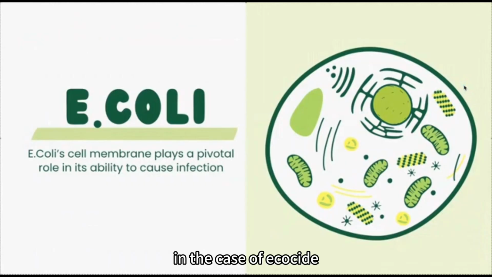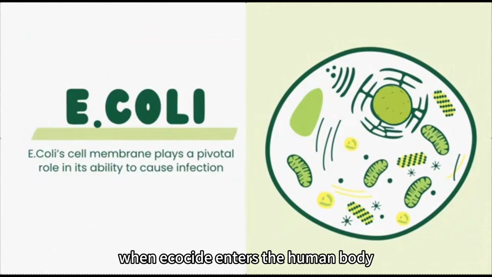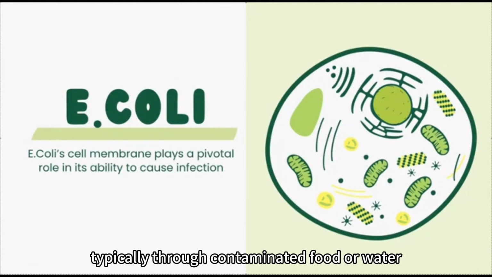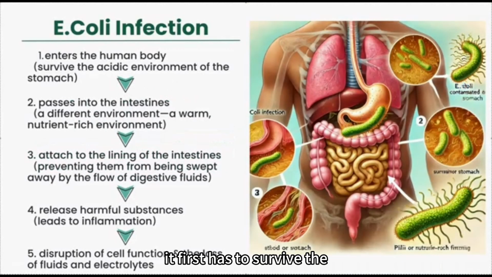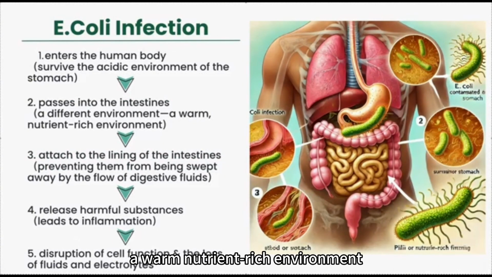In the case of E. coli, this membrane plays a pivotal role in its ability to cause infection. When E. coli enters the human body, typically through contaminated food or water, it first has to survive the acidic environment of the stomach. Once it passes into the intestines, however, it encounters a very different environment, a warm, nutrient-rich environment that supports bacterial growth.